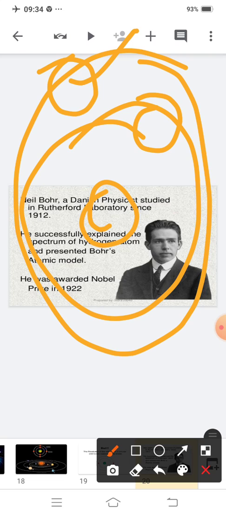See, if it were to lose energy, at some point it would lose all its energy and fall into the nucleus. But Bohr explained that when the electron revolves around the nucleus, it will not lose energy. If it does not lose energy, it has energy all the time, so it will not fall down. Is this clear?